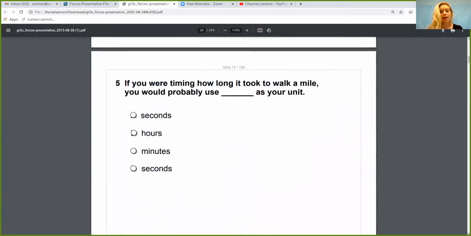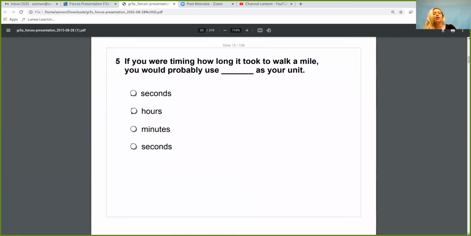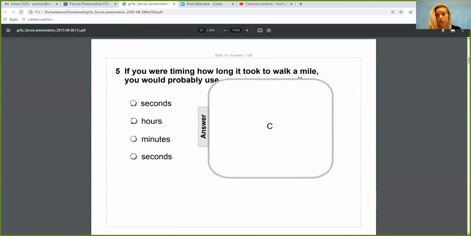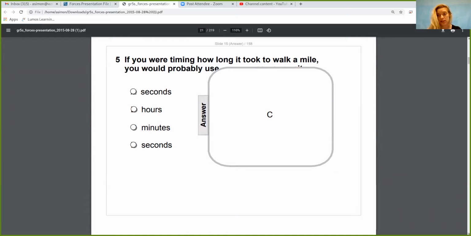If you were timing how long it took to walk a mile, you would probably use what as your unit? Seconds, minutes, hours, or days? If you said minutes, you are correct. You're probably going to use minutes to see how long it would take to walk a mile.